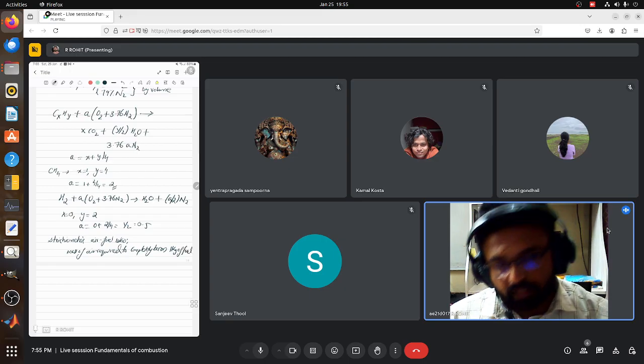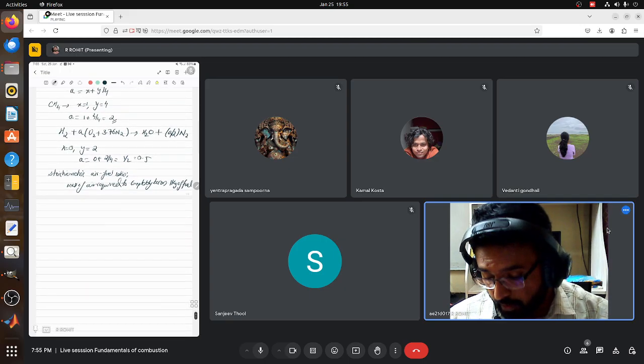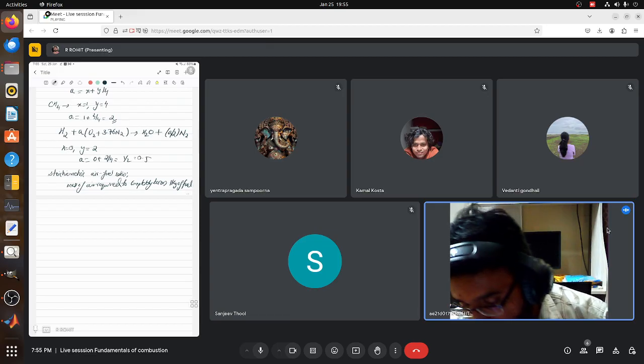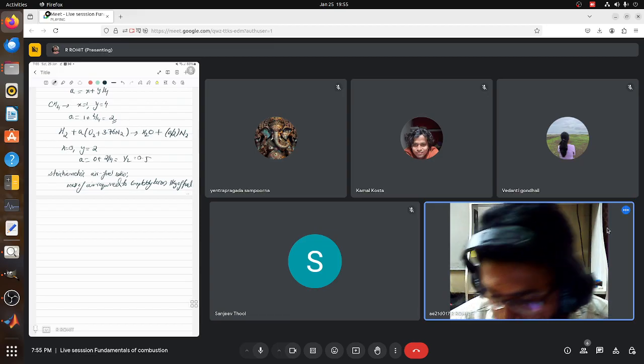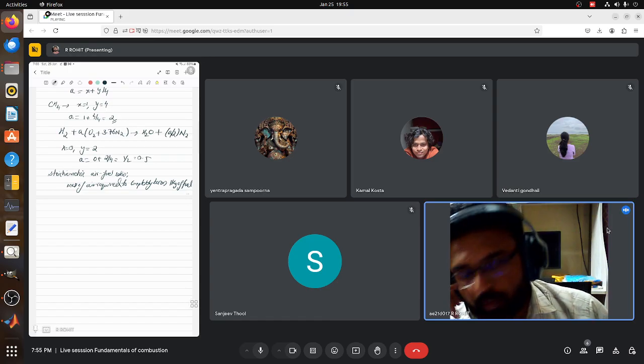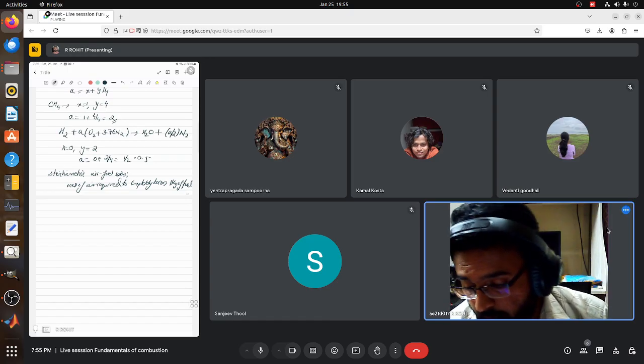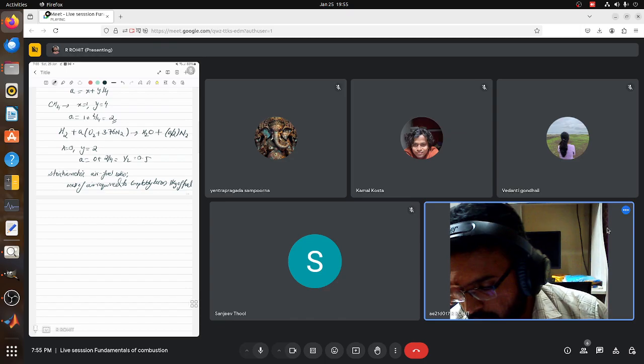That's the definition of stoichiometric air fuel ratio. You might have watched in the lecture about methane and all this stuff, so I'm not going into detail for that.